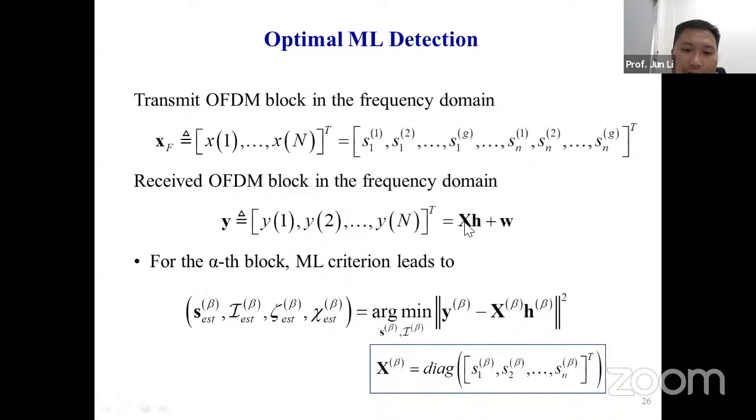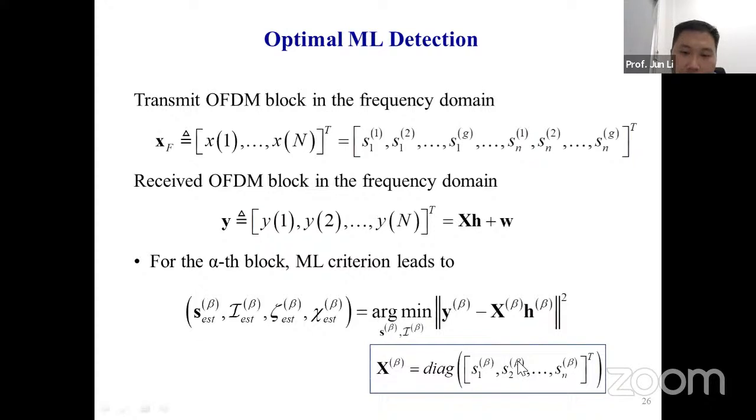Since it is the Ofdm system, this operation is the same as the dot multiplication, right? The first symbol multiplies the first channel coefficient.